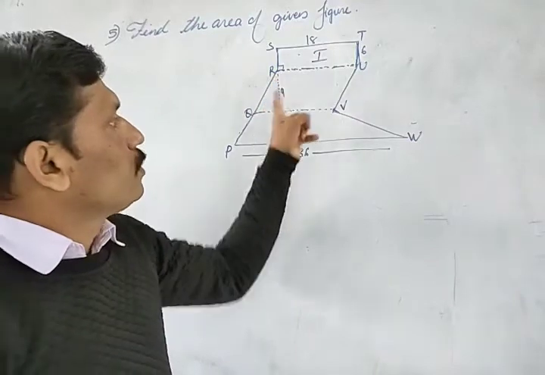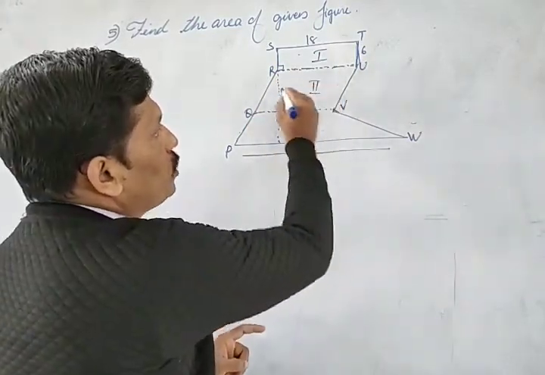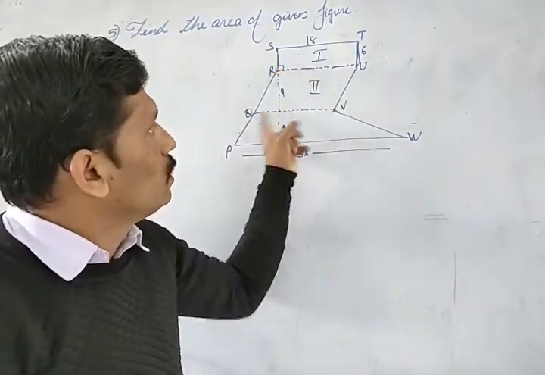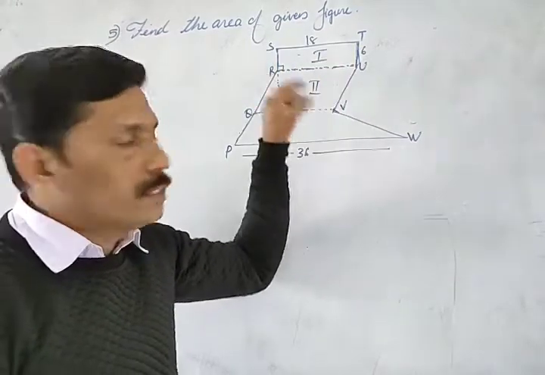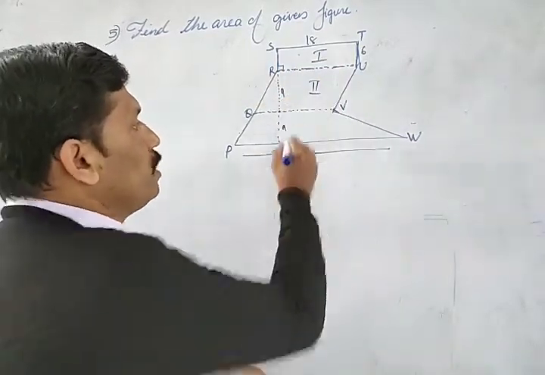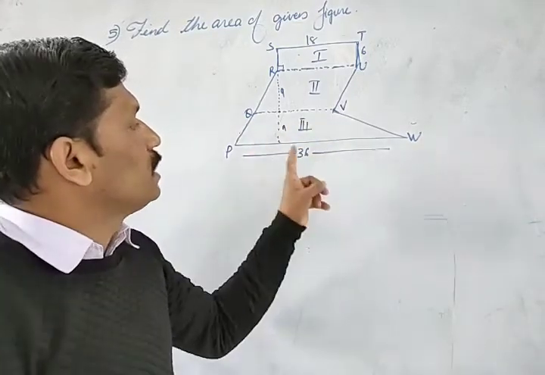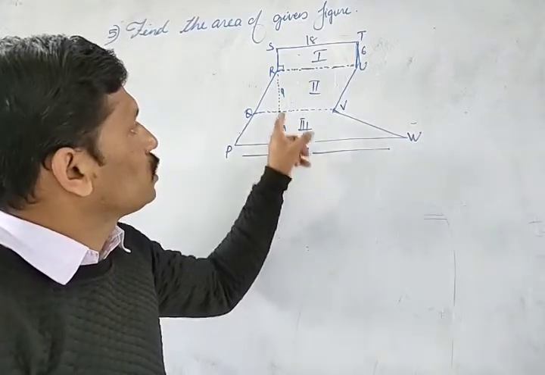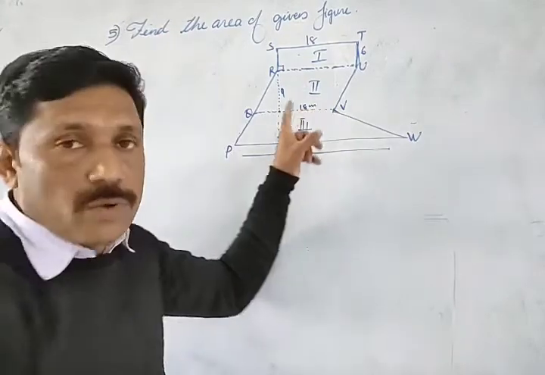Next, this is a parallelogram, the second figure. In this the height is given as 9 units, and this base, if this is 18, this also will be 18. That means 18 and 9, second figure. And for the third figure, this is a trapezium. The base is given as 36, meaning the parallel side is given. This is 36, and this parallel side is 18.